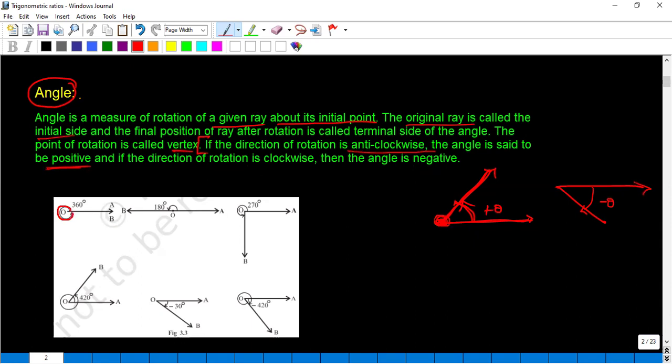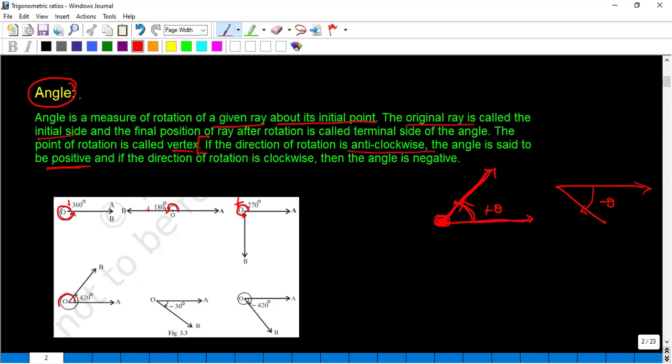The same thing they have given here. They turned it a complete 360 degrees in a positive direction, 180 degrees in a positive, meaning anti-clockwise, direction, and 270 degrees in an anti-clockwise direction, so it is positive 270.